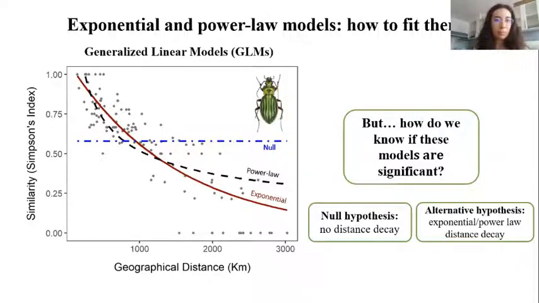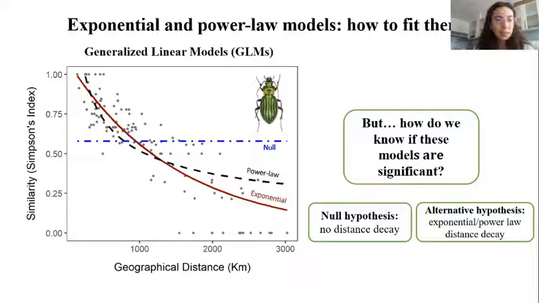Our null hypothesis would be that distance and similarity are independent, and thus there is no distance decay. This is represented in the picture with the blue model. And our alternative hypothesis would be that our data follow exponential or power law models.